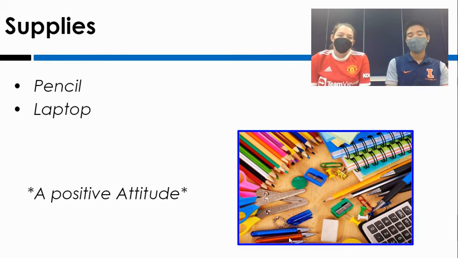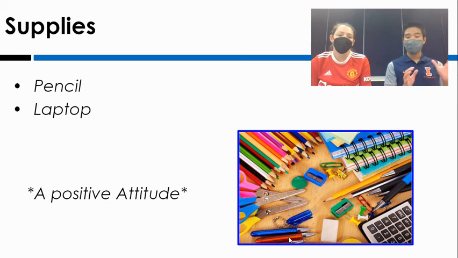Right, and for supplies for the Math 180 class, it's really not a whole lot as long as they have a pencil, which we know students often lose and are always asking for. So making sure that they always have extra pencils is great. And of course, a fully charged laptop. Oftentimes, students will forget to actually shut down the computers after they're using it at home, and they just close it and leave it on until the next school day.